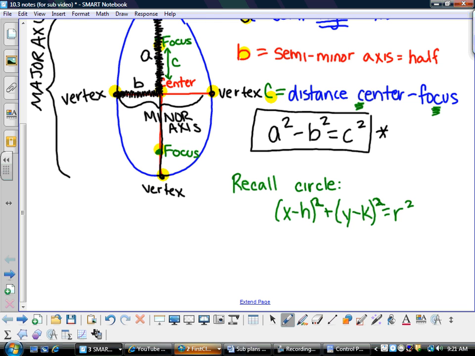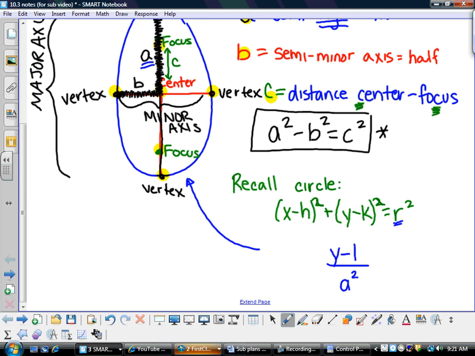That equation is basically what we're going to use for an ellipse, except there isn't just one radius. So we're going to have to incorporate the A and the B, the radius in the one direction and the radius in the other direction. Now if I'm writing an equation for this ellipse, the A was in the up and down direction, so the A is going to go underneath the y's.